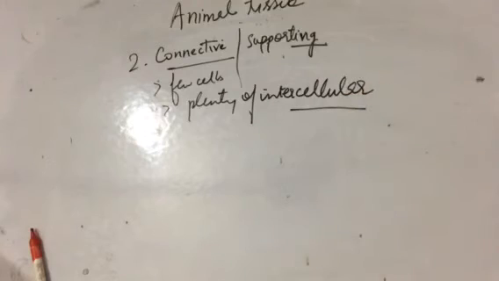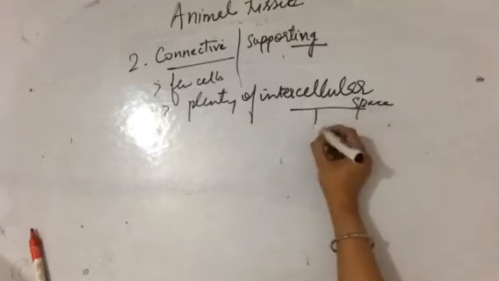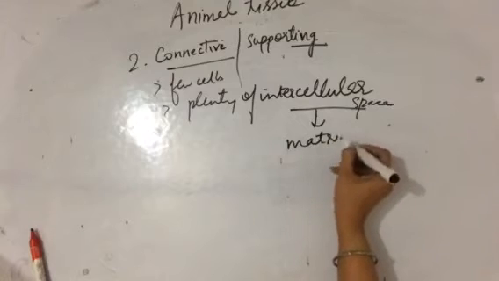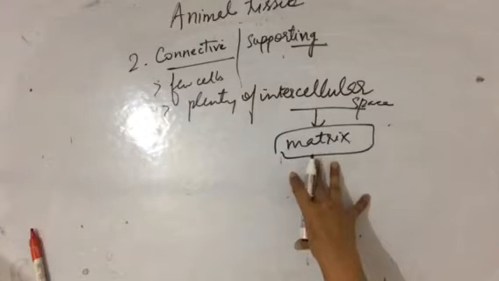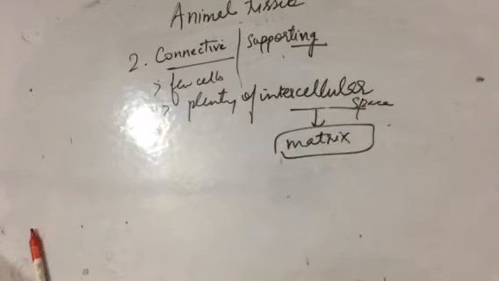And this space is filled with matrix. Matrix is a jelly-like substance, which can be a bit rigid, or it can be very liquefied. This matrix can be of any form. So matrix is basically a material which is filling up this space. Alright, so this is about its structure.